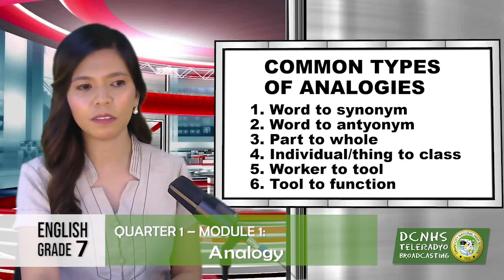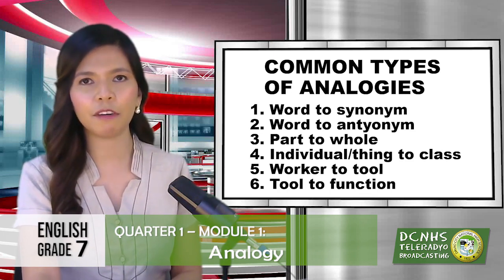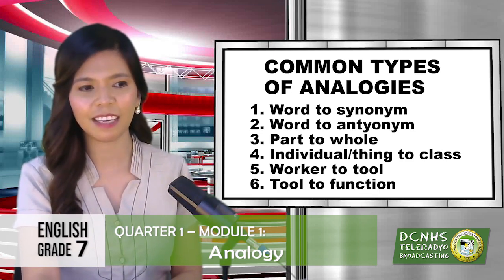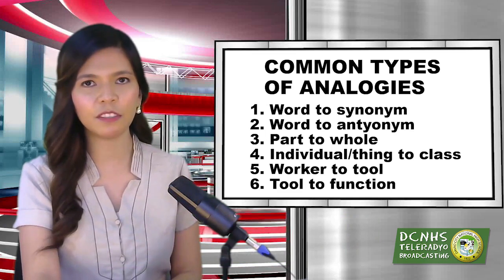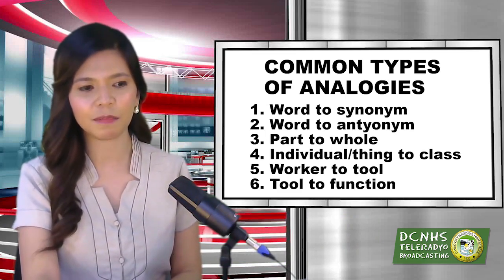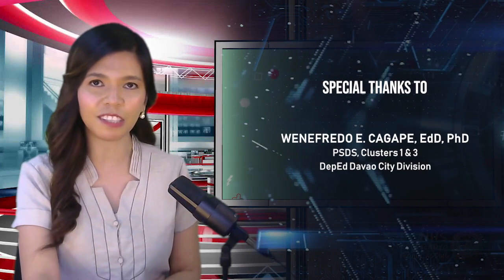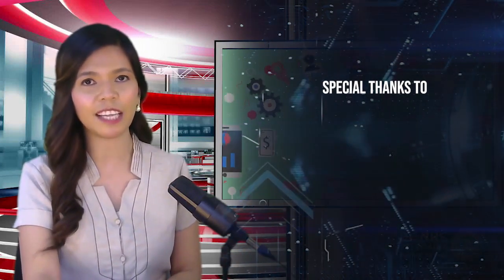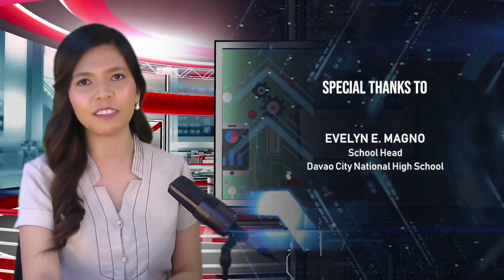Part to whole. 4. Individual or thing to class. 5. Worker to tool. And 6. Tool to function. Now that you are familiar with these, let us proceed to the next activity in your module. Your knowledge on analogy will definitely be strengthened.